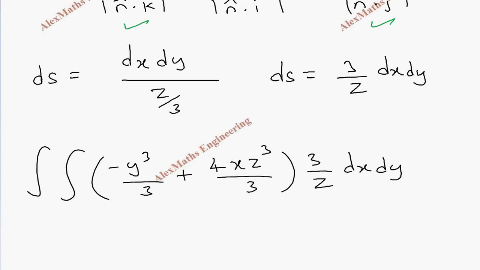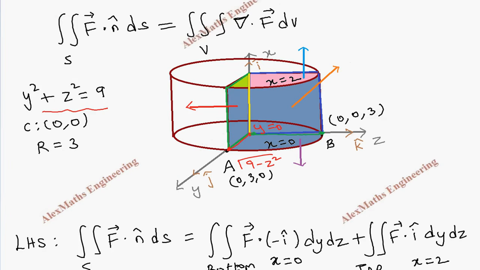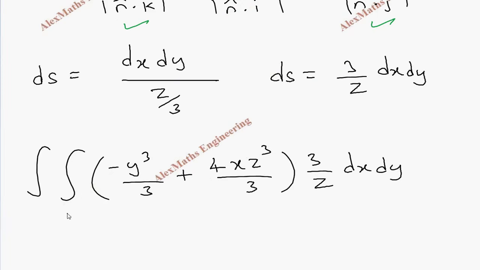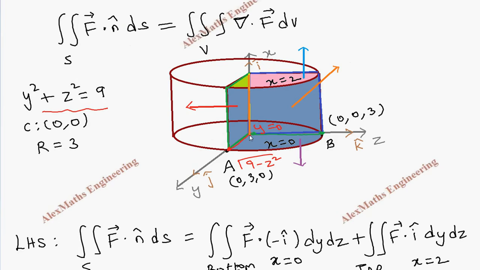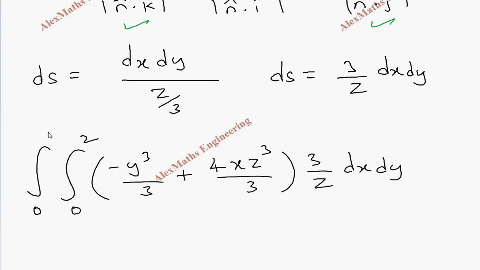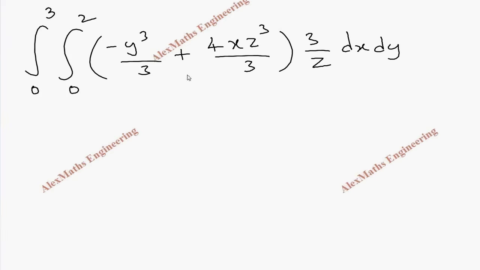The limit of x, from the question we can see, is starting from 0 and ending at 2. So the limit of x is 0 to 2. Let's write it here, 0 to 2. And the limit of y is the radius part of the circle, which is 0 to 3. So we take 0 to 3. Now we also have the equation of the surface, which is y square plus z square equal to 9.